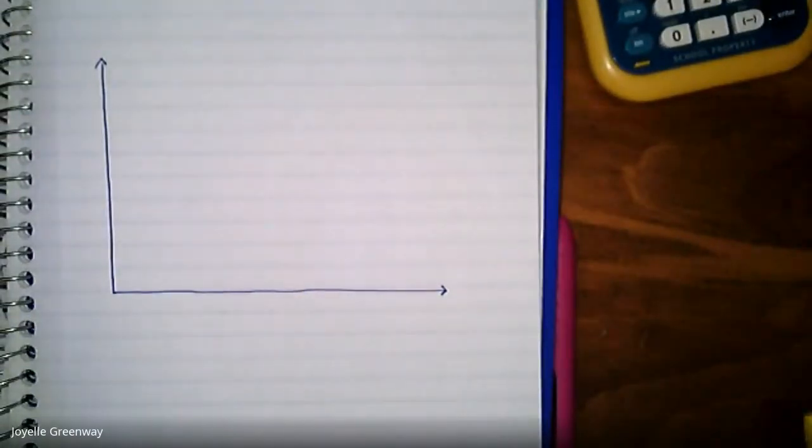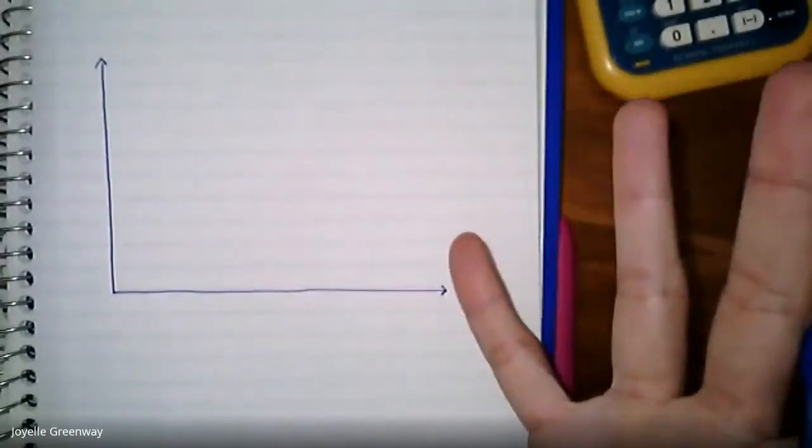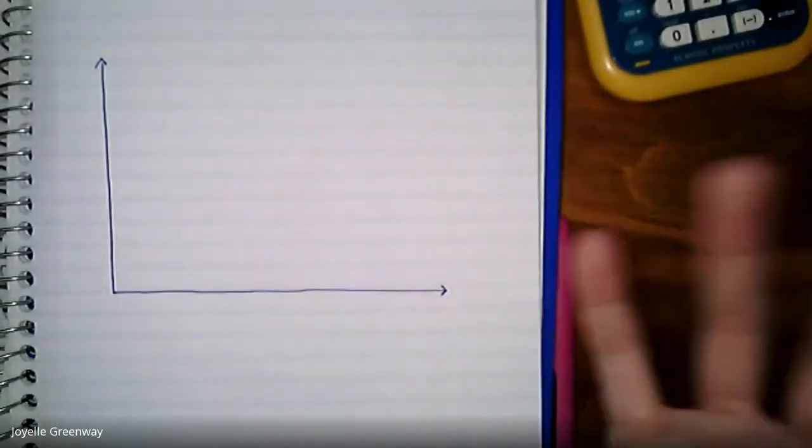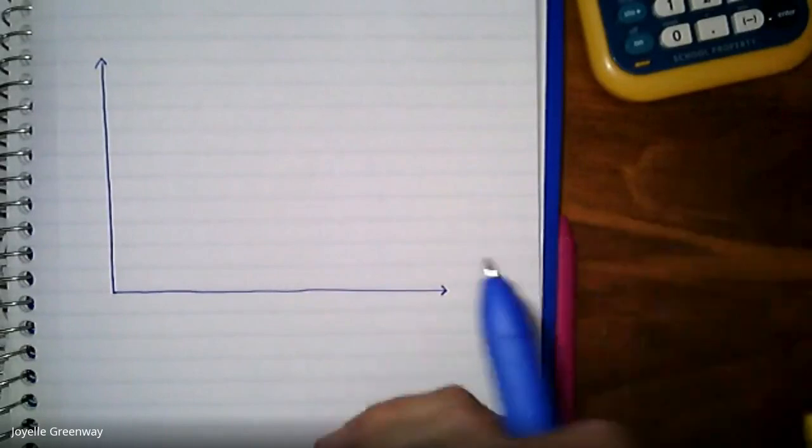So a projectile, like I said, is an object that is dropped or launched or thrown, and it moves along that curved path under the action of velocity, which is speed and direction.